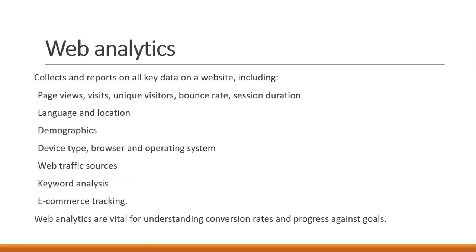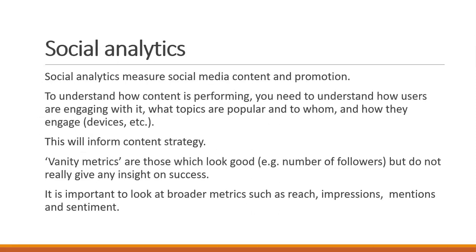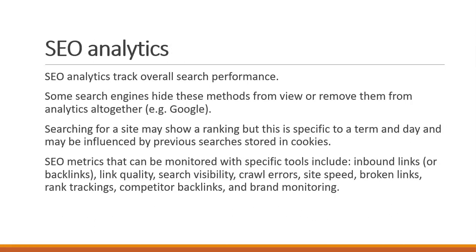The different web analytics we might look at would be page views, bounce rate, keywords, how did they find us, where did they come from, how much time do they spend on our site, etc. Different social analytics are engagement, reach, impressions, shares, number of followers, and SEO analytics.